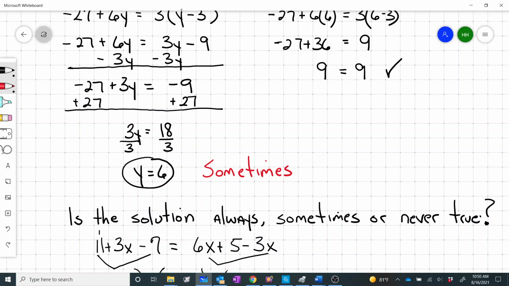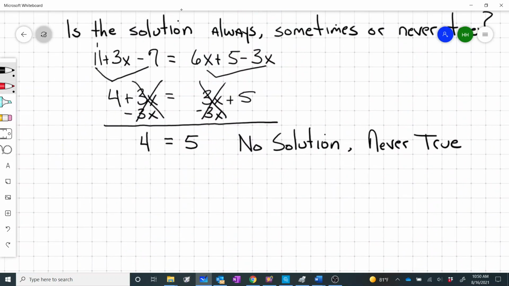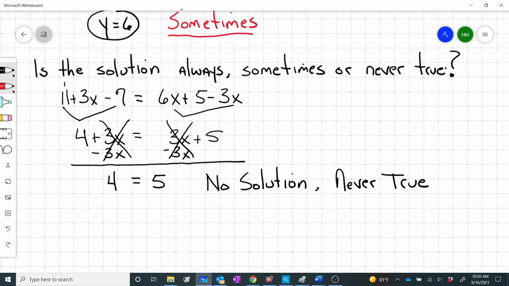So when you solve the problem and you get an answer, then that's going to be a sometimes case. When you're trying to solve the equation, and you get to a step where nothing makes sense, like right here, where 4 is equal to 5, 4 is not equal to 5. So this is a no solution problem, and the solution is never true. It's never true because there isn't one.